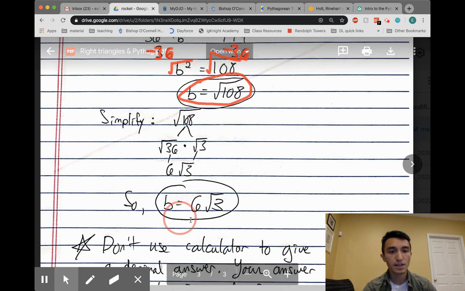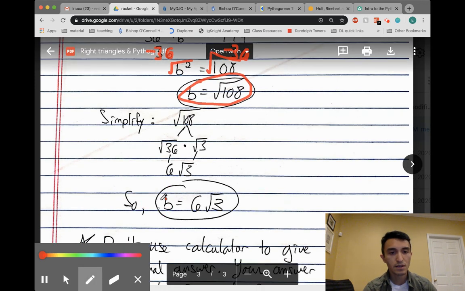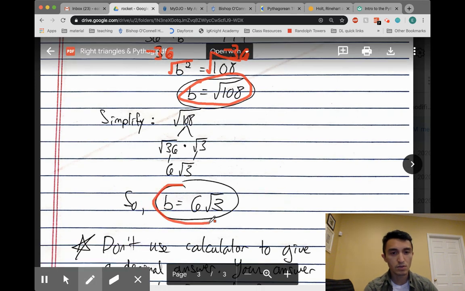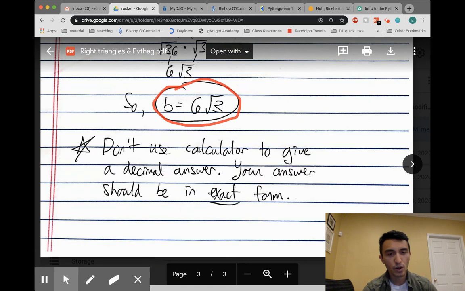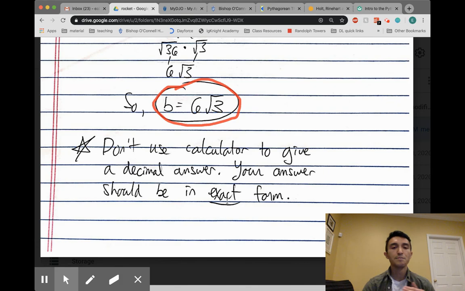And so our final answer is that B is equal to 6 times square root of 3. And as I said, the big thing is don't use your calculator to give a decimal answer. Your answer should be in exact form. Exact form meaning leave the square root there, leave the radical there, and don't round the decimal.